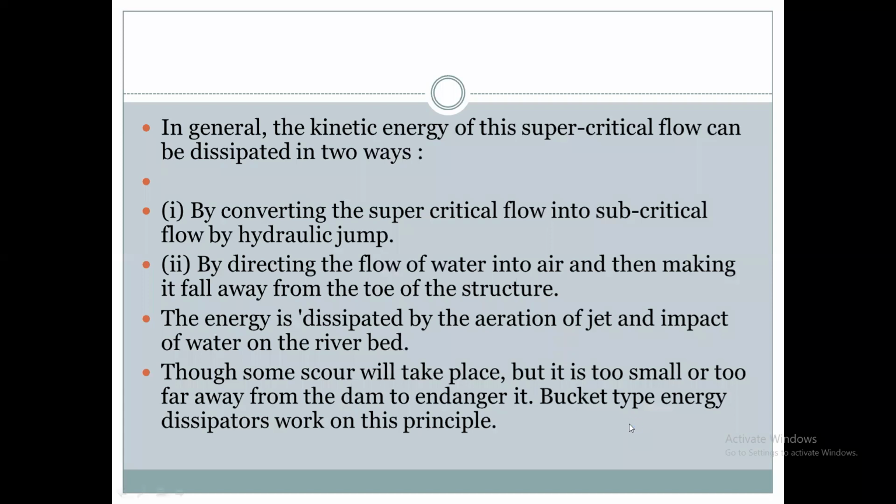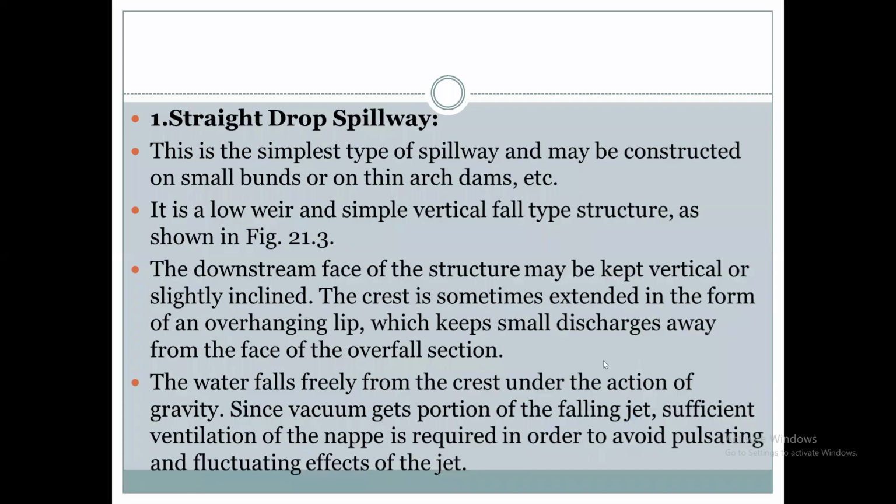The first type, see this straight drop spillway. In it, a lip is provided, so a certain overhanging lip is provided. Water will flow over the spillway crest and fall at a certain distance.